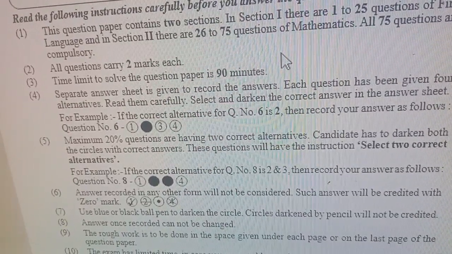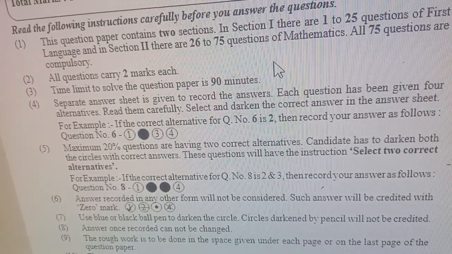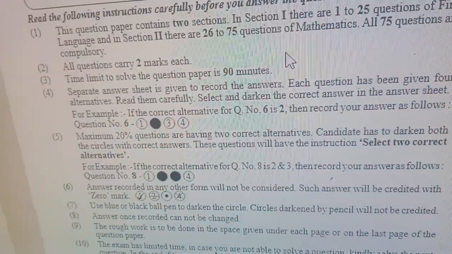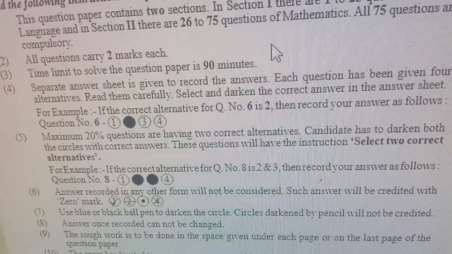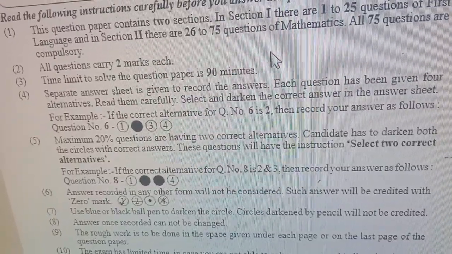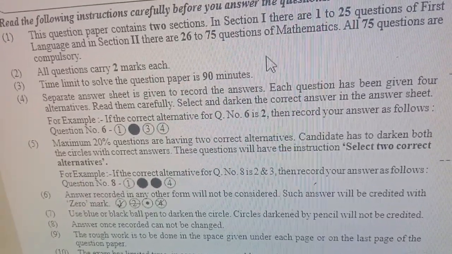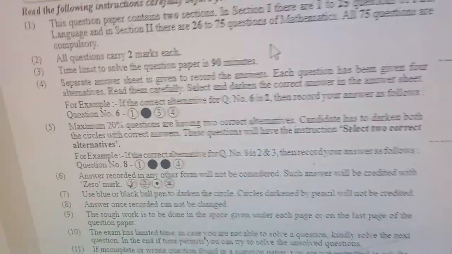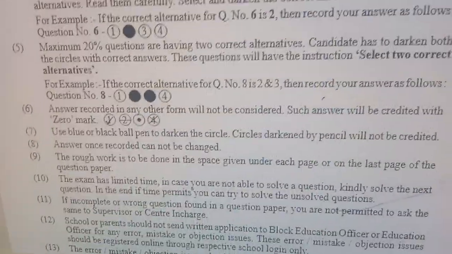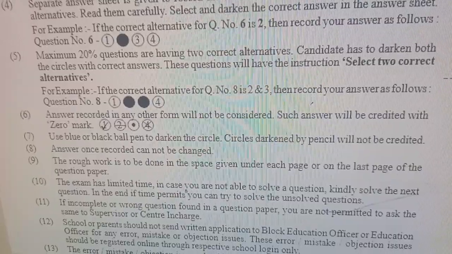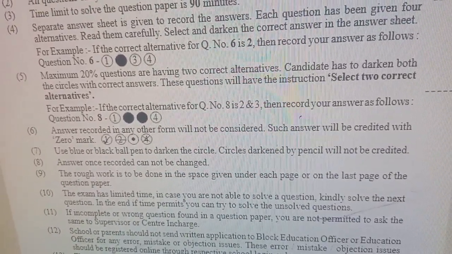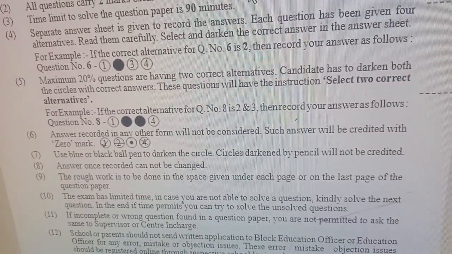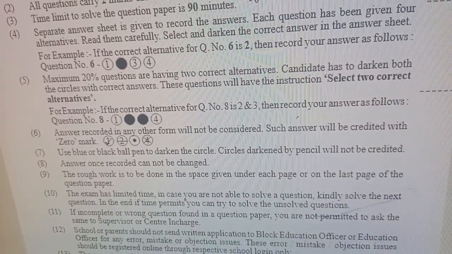If your pen becomes empty in between the exam, you have to ask your teacher to provide another, but don't darken the circle by pencil. It is not valid. An answer once recorded cannot be changed. If you change the answer, it is not valid. So once recorded, it cannot be changed.